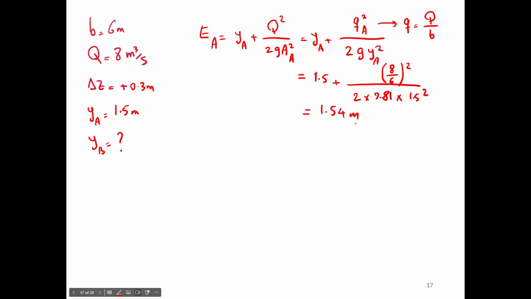Now, I should take care of the second cross section, which is B. As I mentioned earlier, EB and EA should be the same. But here, just make sure to consider delta Z. Positive, negative. Which one should I take? Positive one or negative one?